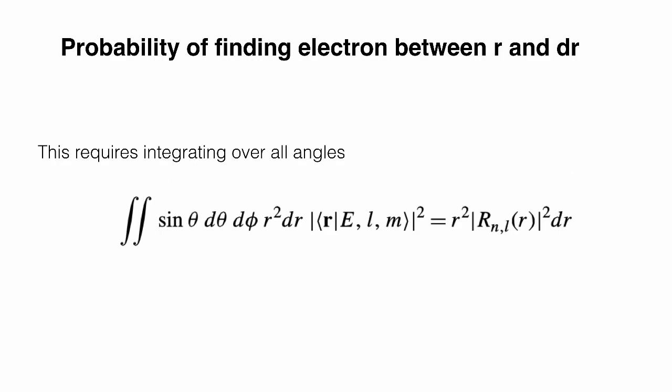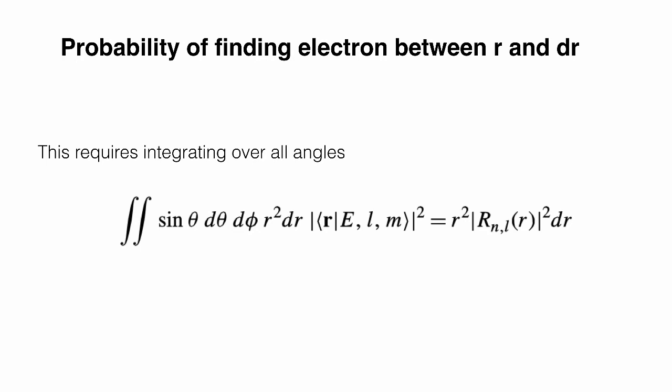Okay? Now that we know the radial wave function, we can do integration in spherical coordinates, which includes the volume element in spherical coordinates, which is a little bit more complicated than in Cartesian coordinates. But we can certainly do that.